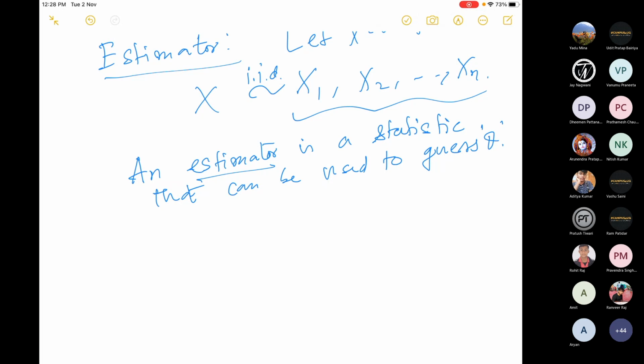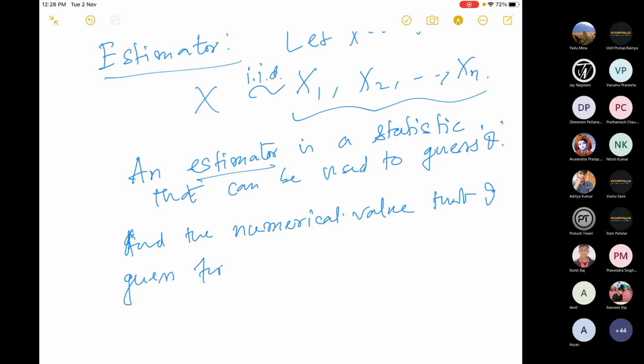The numerical value corresponding to that statistic, the numerical value that I guess for theta, is called the estimate.